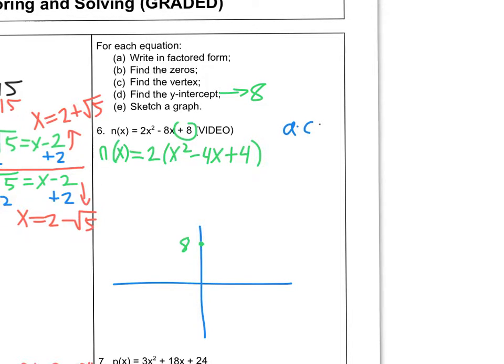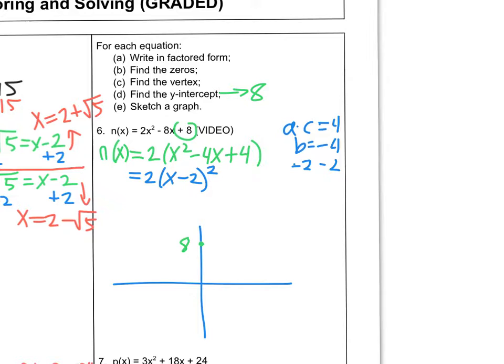Just to confirm, a times c is 4, b is negative 4, and the things that work would be minus 2 and minus 2. This is going to factor into 2 out front, x minus 2 times x minus 2, which is just x minus 2 squared. And by golly, that looks like a vertex form equation, and it is.